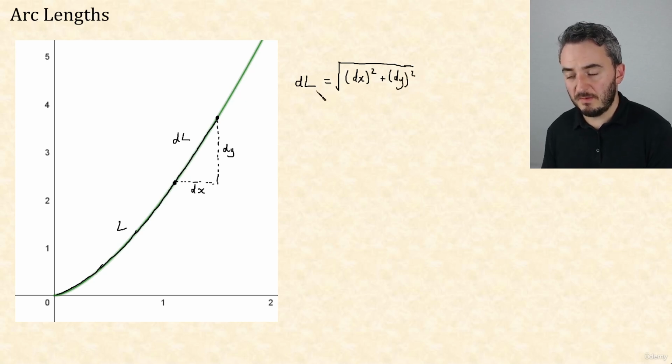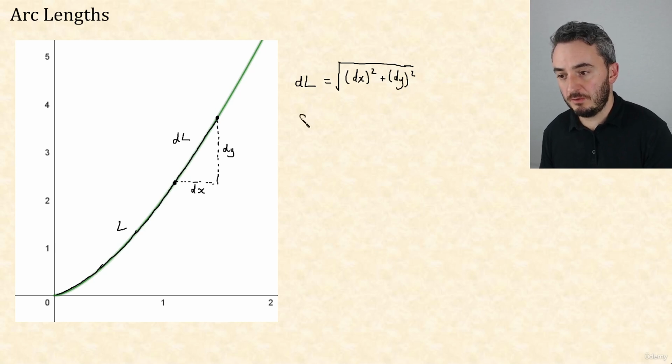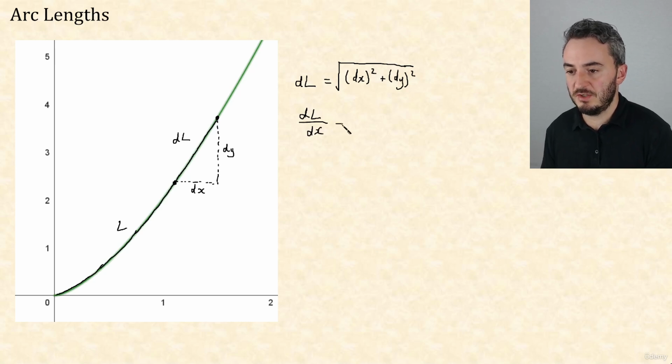So, a little bit of algebra now. If I just divide through by dx, the change in L divided by the change in x. Well, I'm going to effectively divide inside the square root here by dx squared.